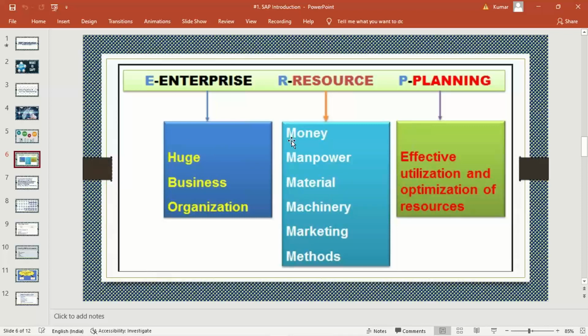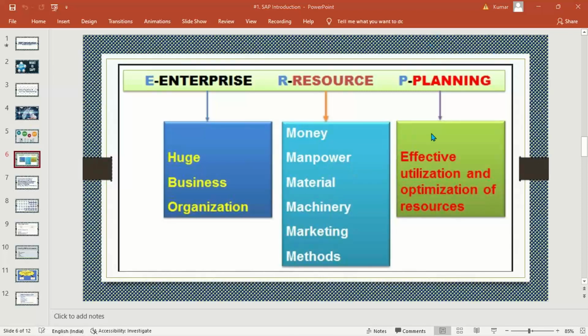Now, what are the resources required to run a particular business organization, guys? The most important things are manpower, money, material, and machineries, right? Nowadays it becomes 6M, including marketing and methods. It's okay, but at least the 4M are a must.